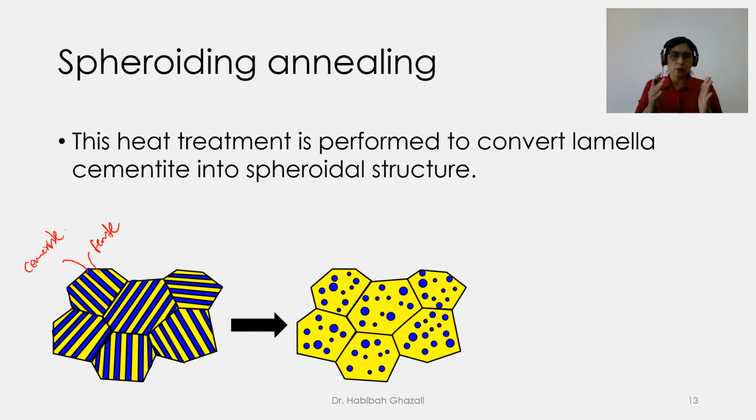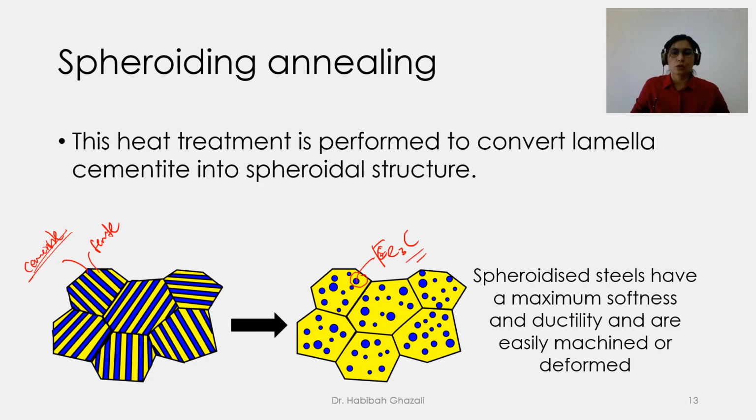So we can also perform an annealing process that we call spheroidizing to convert this cementite microstructure to become sphere-like. So this is also cementite, but it is in this form here. Spheroidized steel has maximum softness and ductility and is easily machined or deformed.